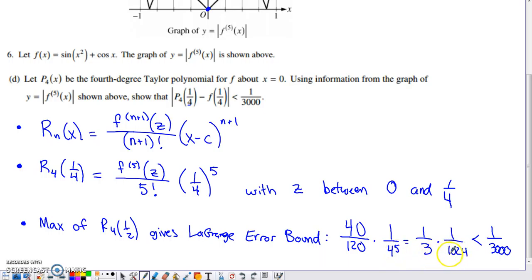And if we multiply these denominators together, we're going to get a denominator that's above 3,000. So if our maximum error is 1 divided by a number that's bigger than 3,000, what we've just shown is that our error is definitely smaller than 1 over 3,000, since 1 over a number slightly bigger than 3,000 is a smaller numerical value than 1 over 3,000.